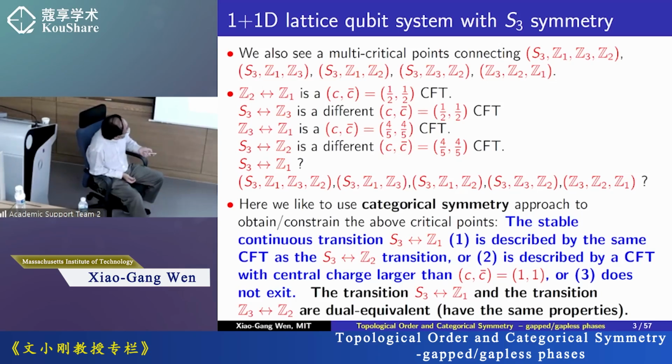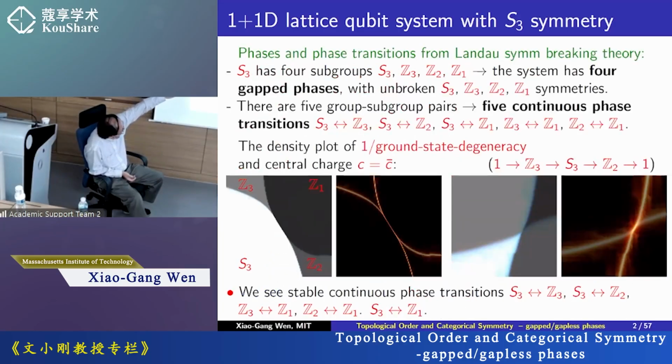However, there's even more because we even have multicritical points, so we can have a multicritical point here and here. And when we tune the parameter, we may have four phases meeting at one point. Again, this part is not totally certain because there may be a small segment of a critical transition. Maybe it's a single multicritical point.